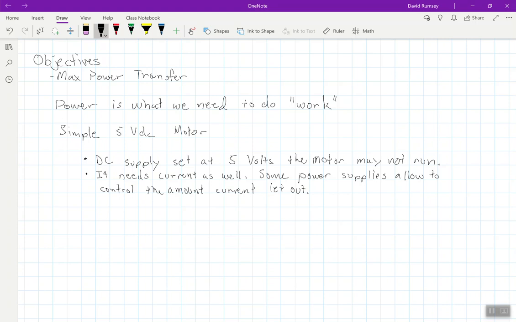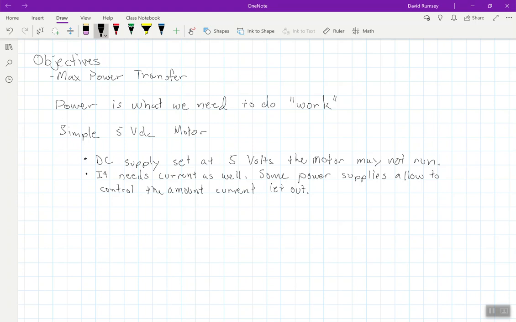I could crank it all the way down, so there's 5 volts there, and if you hooked a multimeter up, you'd still measure 5 volts, but if I crank it down such that 0 current is allowed through, well, there's no power getting to the motor. There's still 5 volts on the motor, but there's no power because there's no current. And remember, it's power that we need to do work. Power is what we need to turn the actual crank. So we actually need both voltage and current in order to do things.